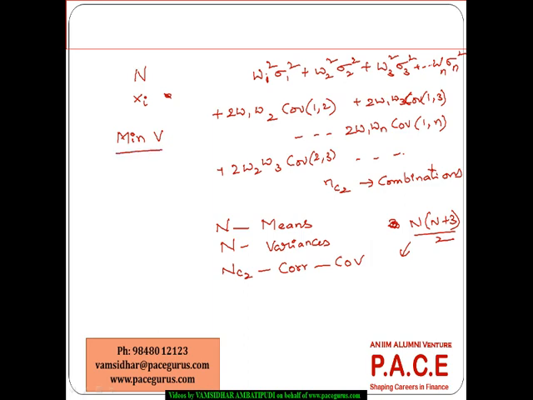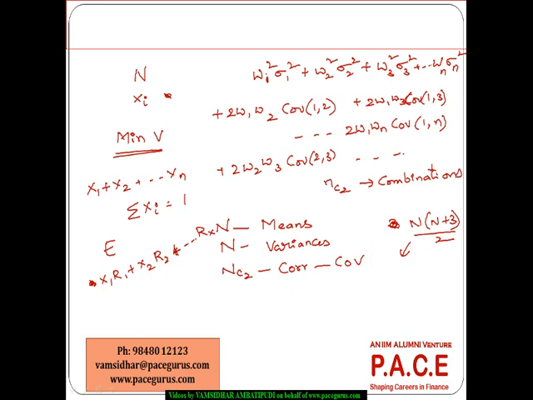My intention is to minimize this variance, and I have a few constraints: x1 plus x2 plus so on up to xn, which is nothing but the sum of xi, should be equal to 1, which means I have to invest to that extent. And if I have some expected return, x1 r1 plus x2 r2 and so on, whatever return I am looking at, it should be equal to the expected return rx.